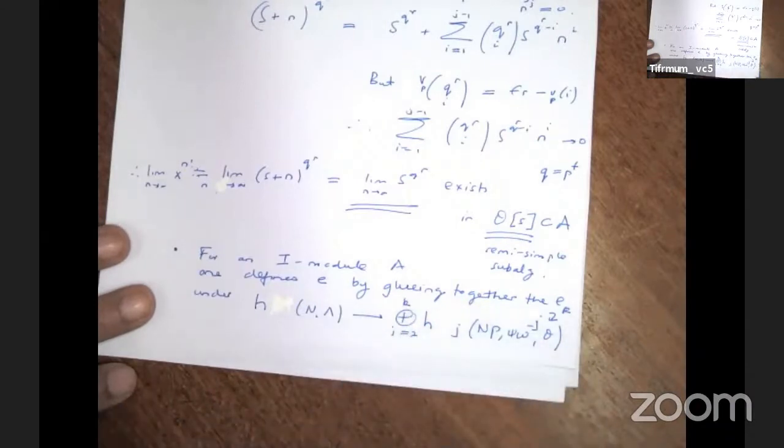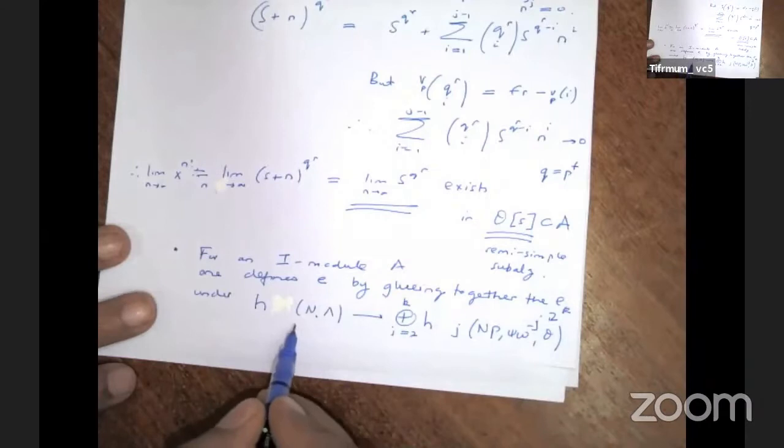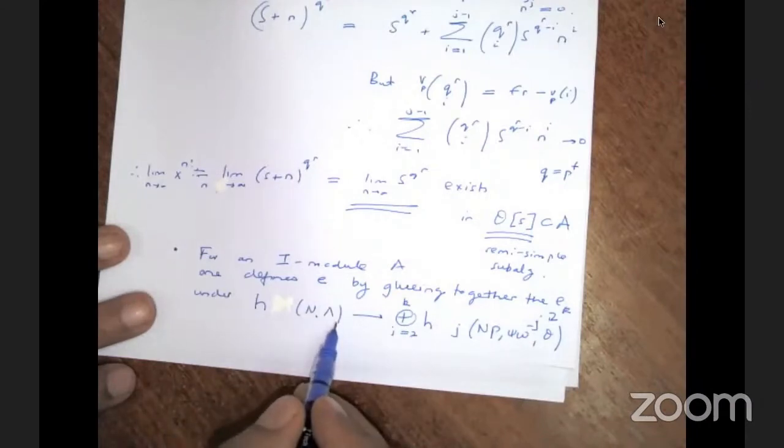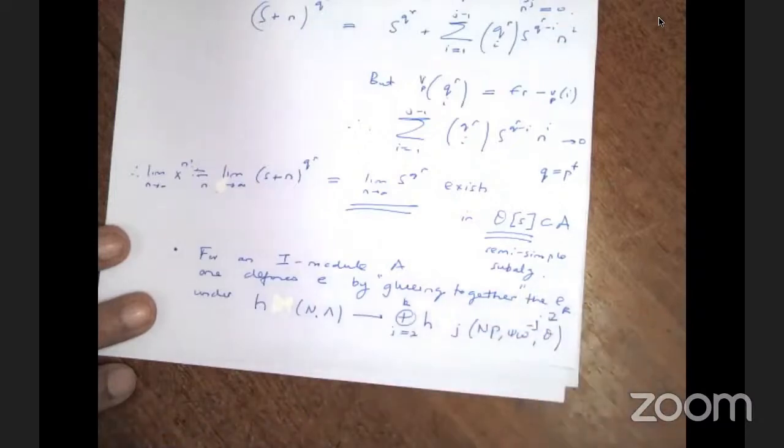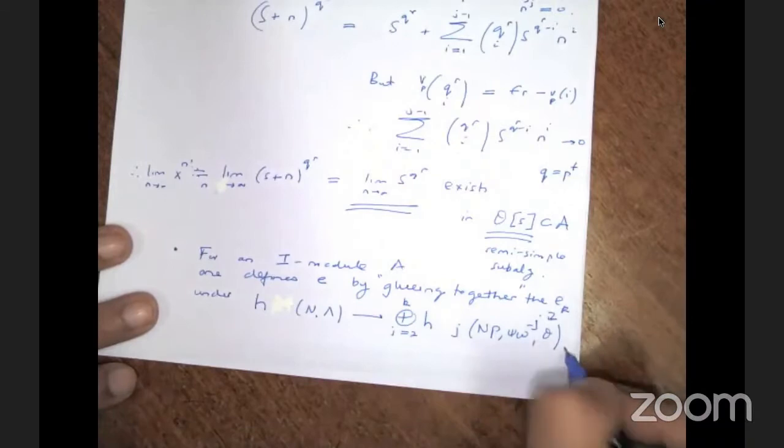And so you get a compatible family of these idempotents, and you lift that to the Hecke algebra here. Okay, so that's what I mean by gluing together the e_k under this specialization map. There are some checks that one has to do there, but maybe I will skip them.